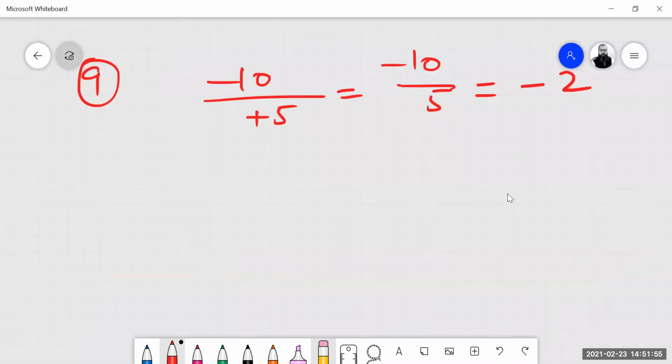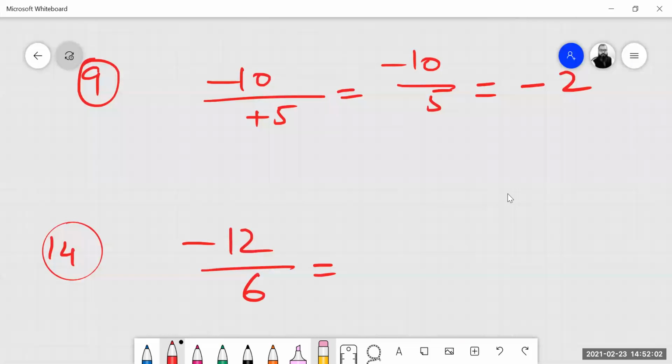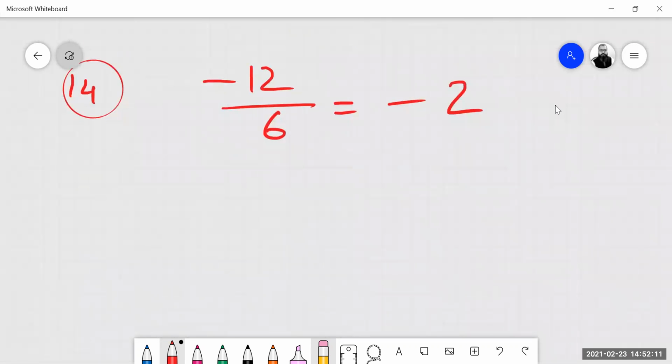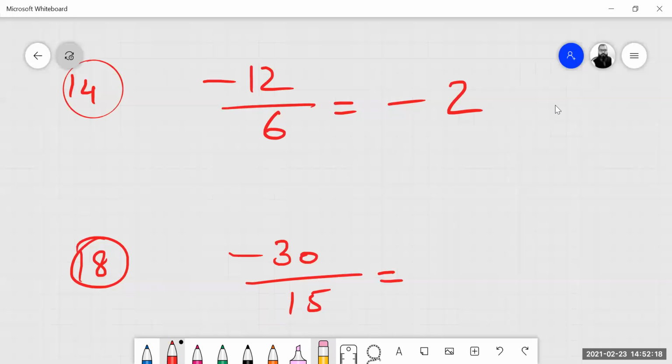Okay, now question number 14. -12 over 6 equals -2. Question number 18. -30 over 15 equals -2.